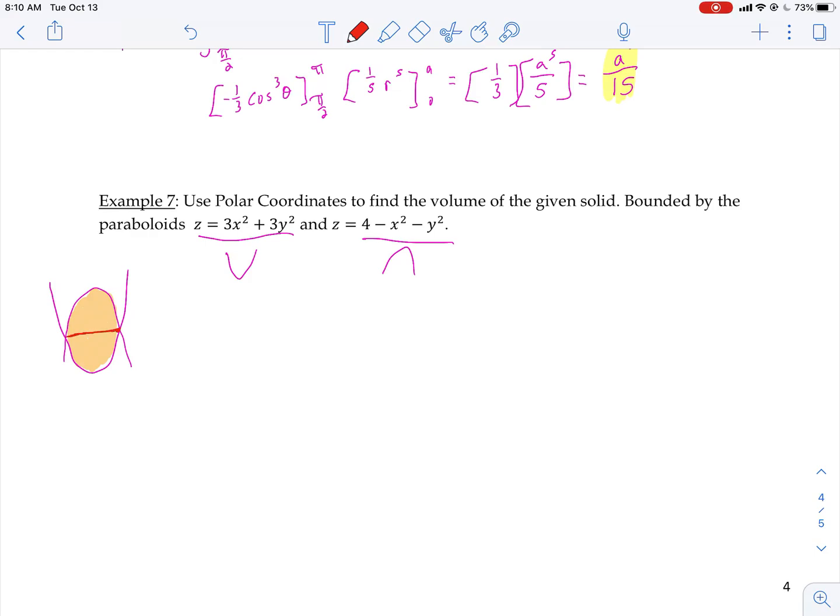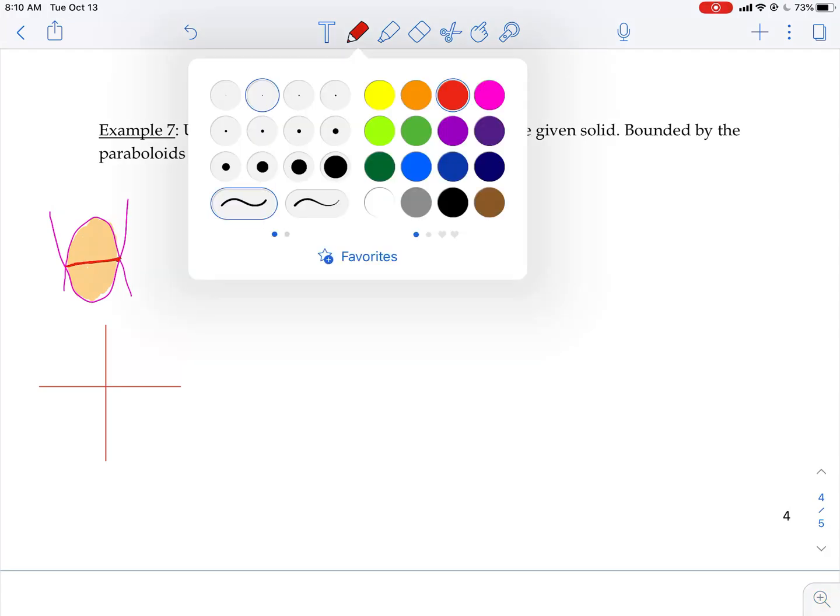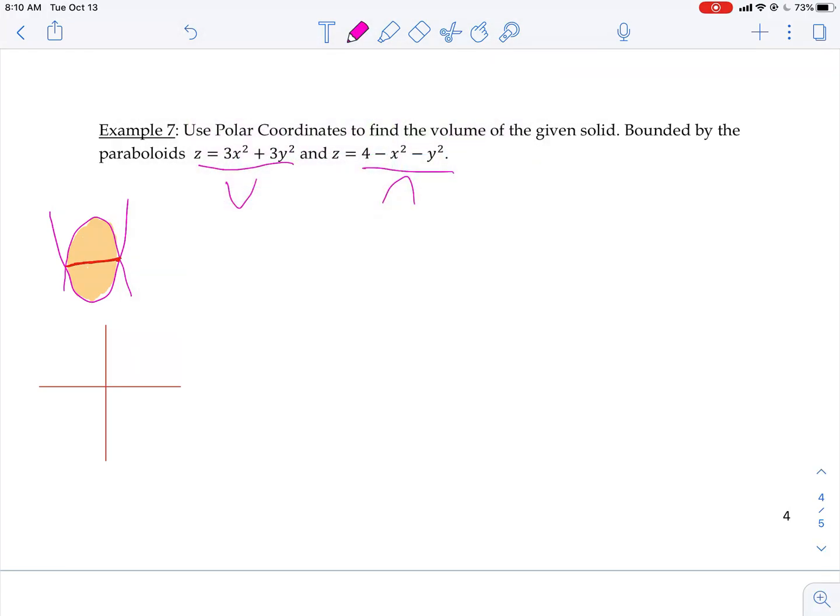And I noticed that they're going to have to intersect somewhere. So that's the plane that I'm going to find my region over. Let's go ahead and find the region. So I'm going to just have my plane. Where they intersect, that's the region that's going to be over this plane. And so I'm going to go ahead and solve for that.